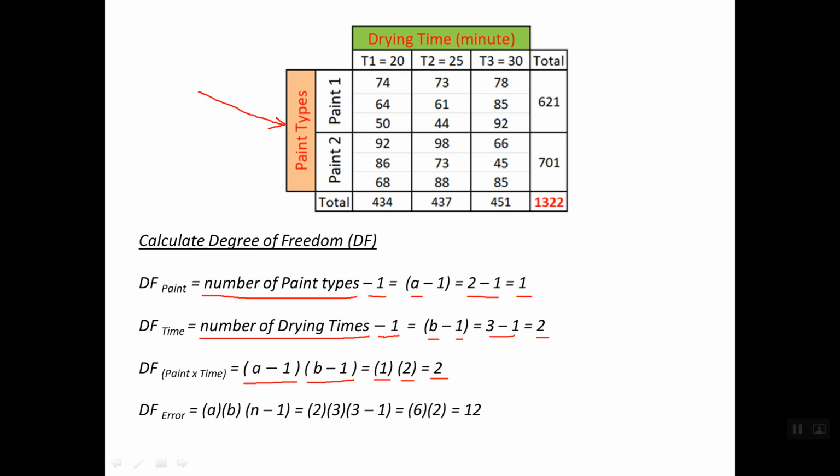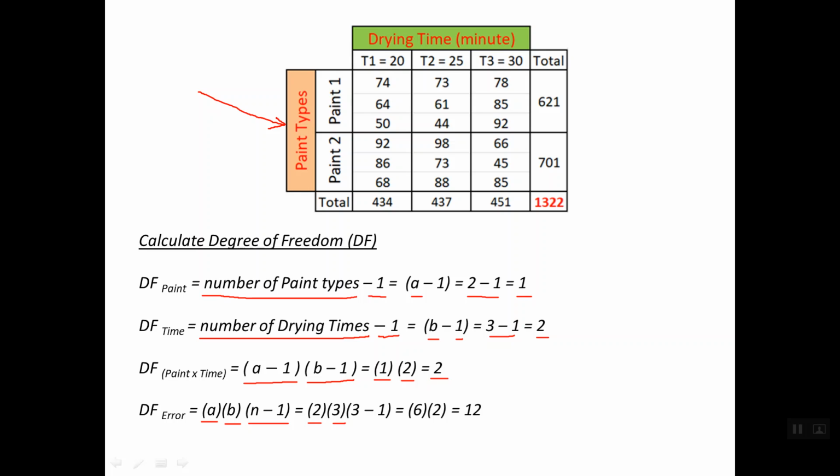Regarding the degree of freedom for the error, we can use this formula: a multiplied by b multiplied by small n minus 1. a is 2 and b is 3, and small n is 3, which is the number of observations for each group. So 3 minus 1.